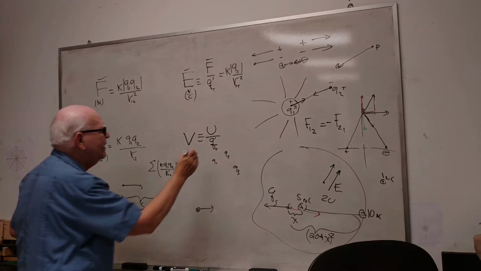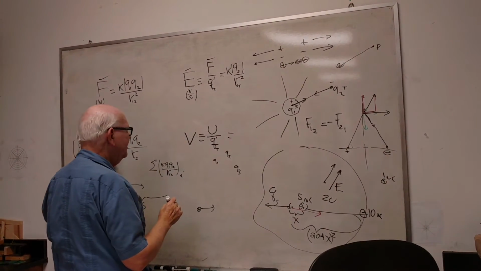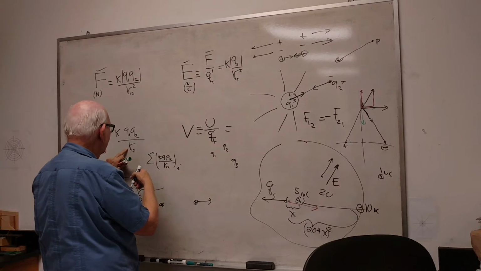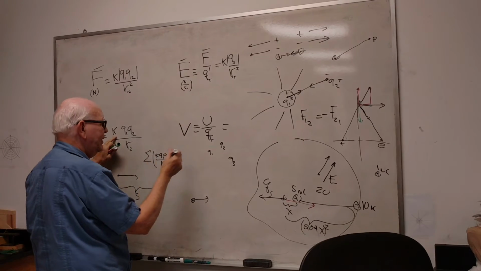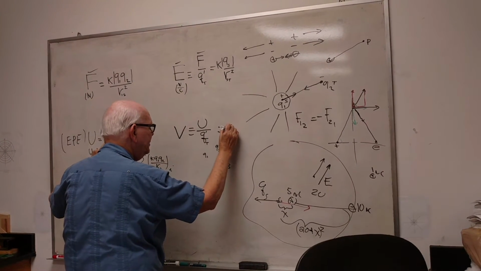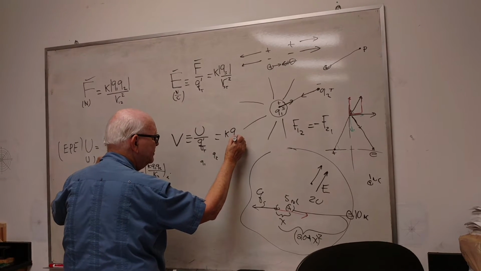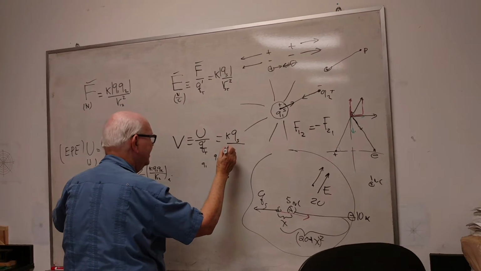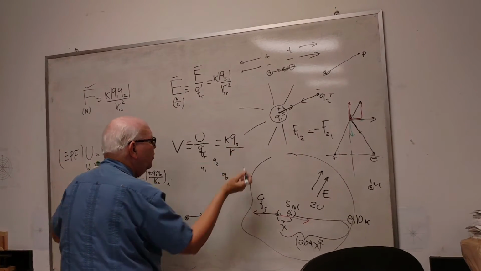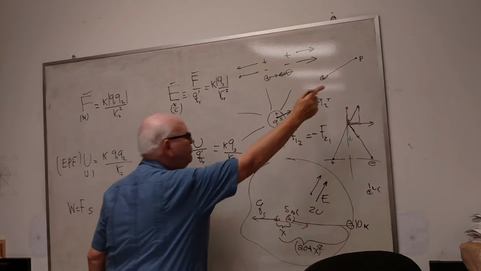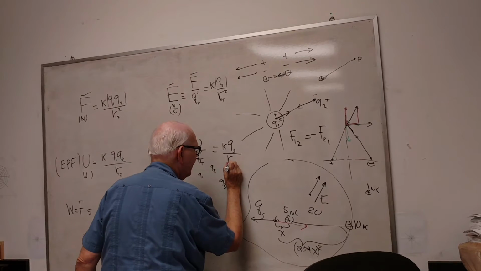How do you calculate that? Well, you have U here. If we divide by one of the two, call it test, then the potential is going to be k, the Coulomb constant, times the charge that remains, the source, divided by the distance to the point, since there's only one charge, to the empty point, let's call it P.